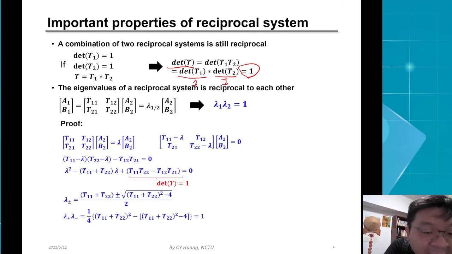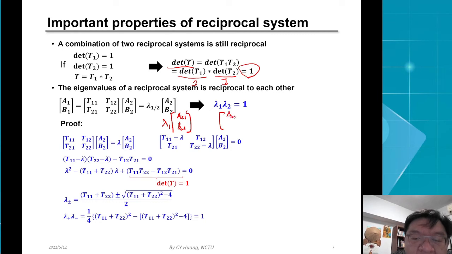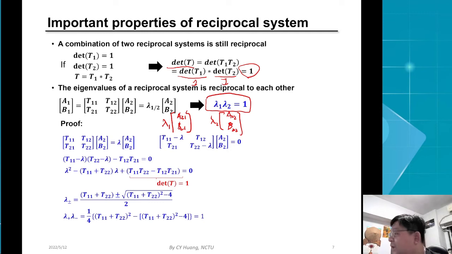For example, if this T has an eigenvector A21, B21 matching lambda 1, and A22, B22, where the second 2 only means the second eigenvector, with eigenvalue lambda 2. For a reciprocal system, lambda 1 and lambda 2 are reciprocal to each other, which means the multiplication of these two numbers will be equal to 1. So this is a very useful mathematical identity. We will show you why.